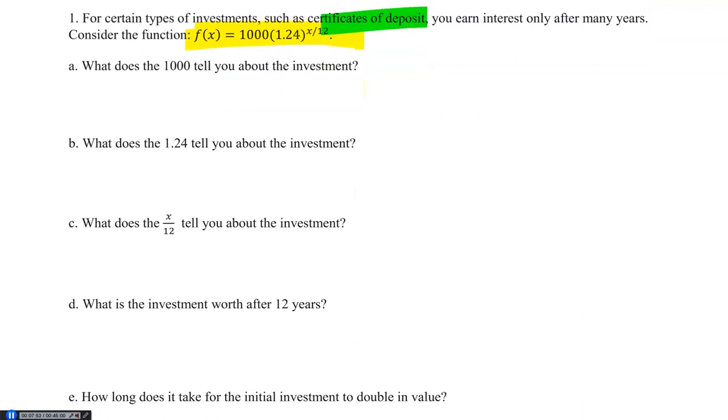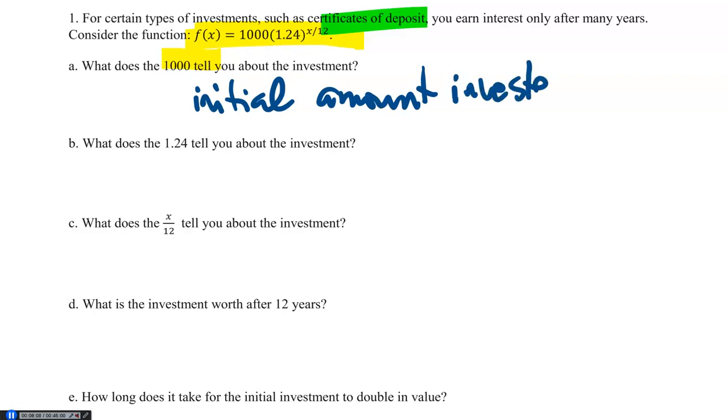Letter A, what does 1000 tell you about the investment? That is the initial value, the amount invested. And what does 1.24 tell you about the investment? It has a yearly rate of 24%.